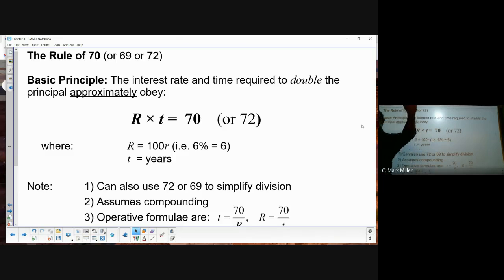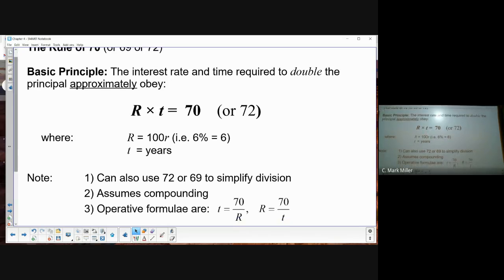This is the only time that we're going to use percent interest rates as whole numbers. The book always uses it as a decimal, and I want you to keep doing that for anything else we do regarding compound interest. Only for this thing, which is not in the book, by the way. This assumes compounding, and it's pretty accurate.